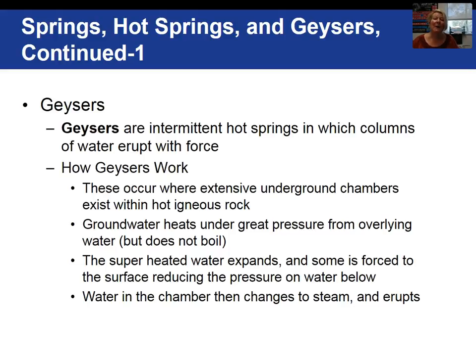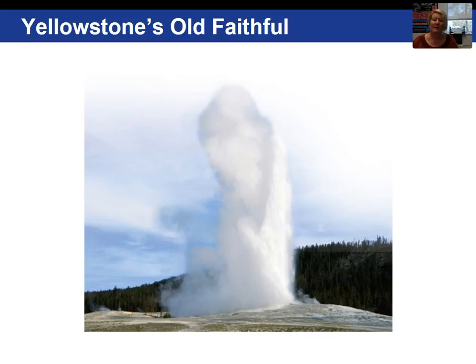So because of the high pressure, the water is not allowed to boil. However, when the water starts to expand and some of the water is forced out of the geyser, then the pressure is reduced below that point, allowing for the geyser to erupt. Here is the very famous Old Faithful at Yellowstone.